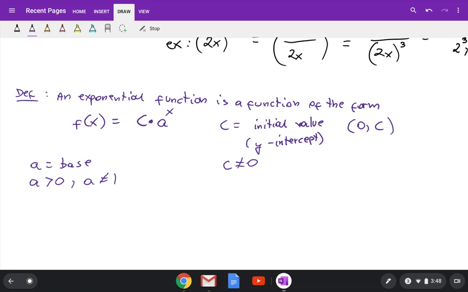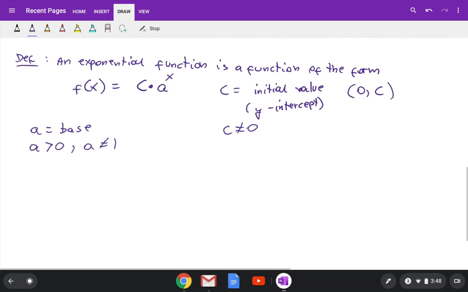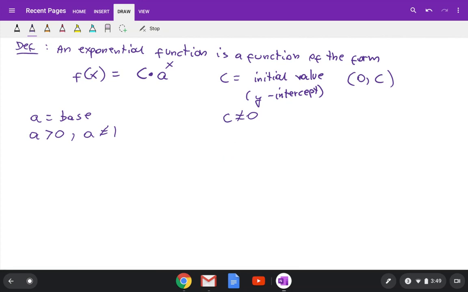And x is our input, with no restrictions on x. Sometimes they're going to use the term growth factor for the base a. That's the growth factor.